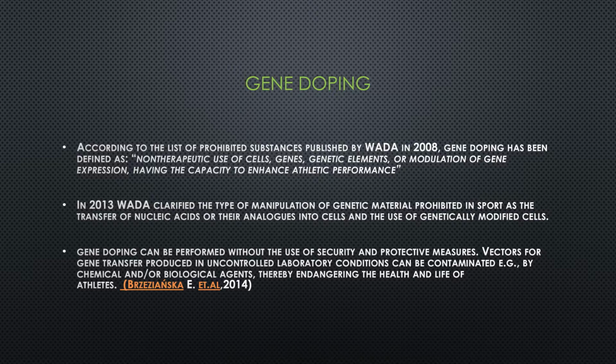Gene doping can be performed without the use of security and protective measures. Vectors for gene transfer produced in uncontrolled laboratory conditions can be contaminated, for example by chemical and or biological agents, thereby endangering the health and life of athletes.